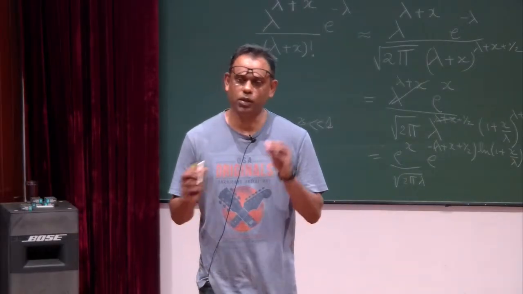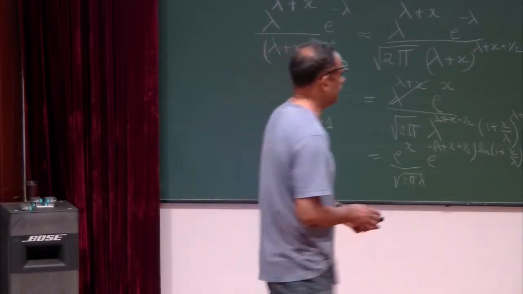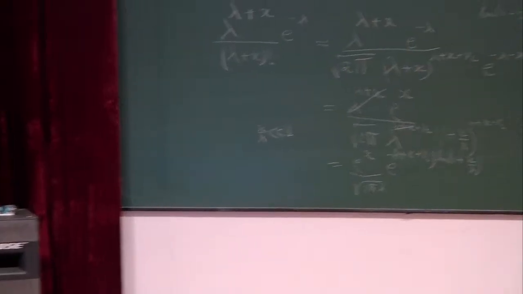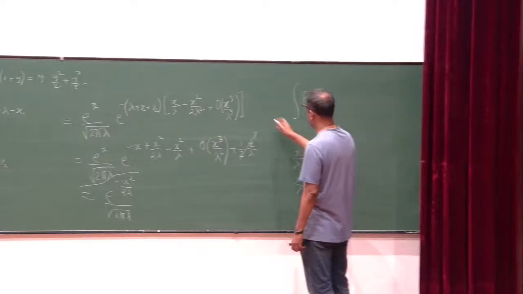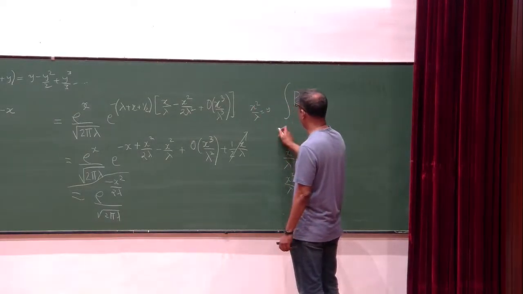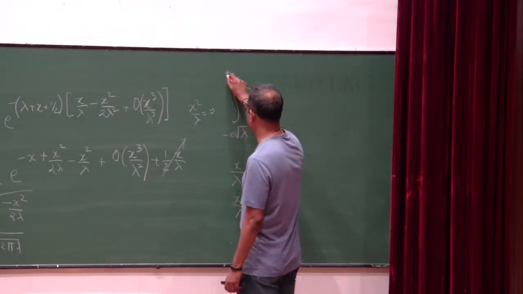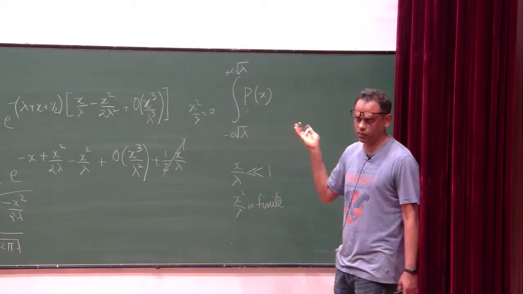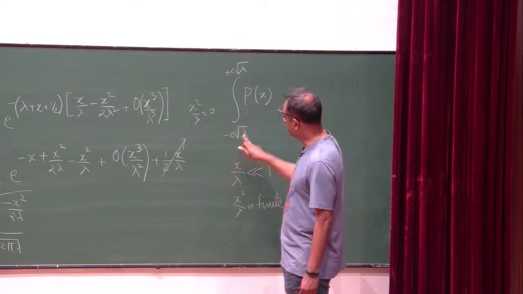So the order of limits: once we take the limit, after that the integral. Ideally when I integrate p of x, because we took x square by lambda finite, we should go from minus some c times root lambda to plus c times root lambda, something like this. No? That should be the correct way of doing it, because we are keeping x of order root lambda. But lambda is already large.